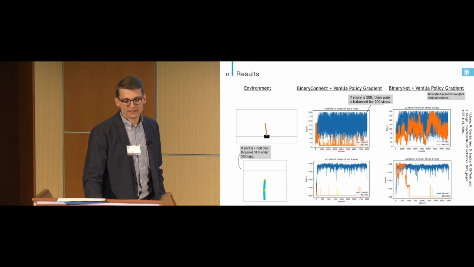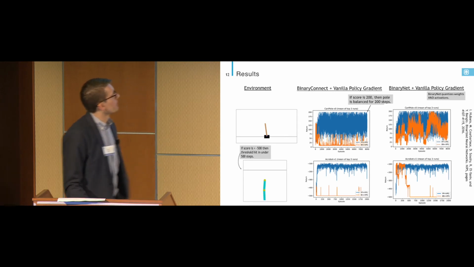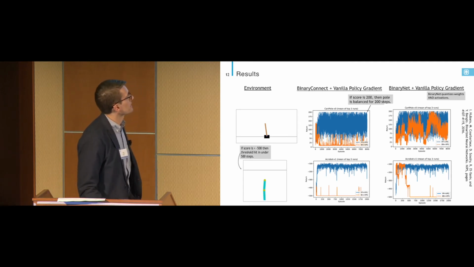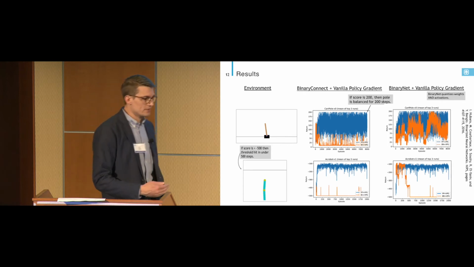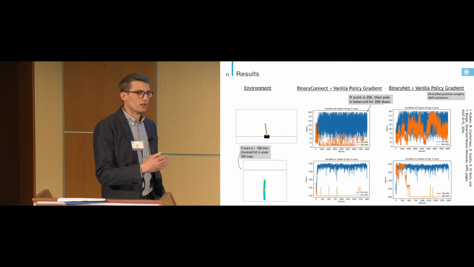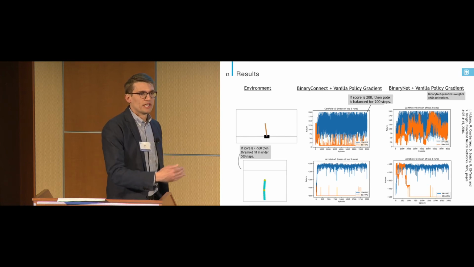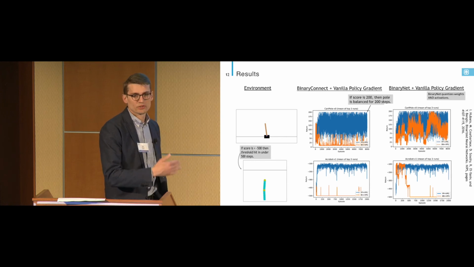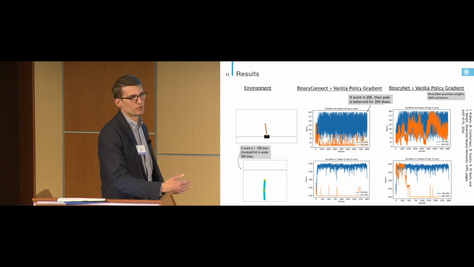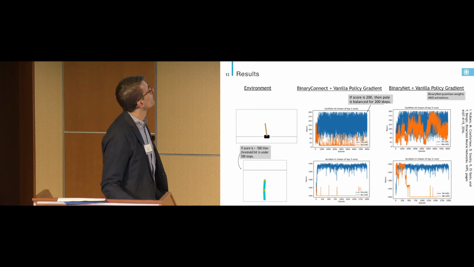The x-axis, excuse me, I forget that you can't see the mouse cursor, is the number of episodes that we run. Basically we run an episode, and then we perform stochastic gradient ascent after the episode is over, and then we run another episode. We do that over and over again.